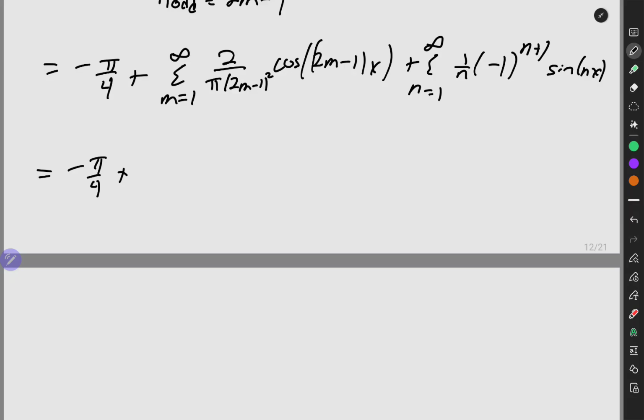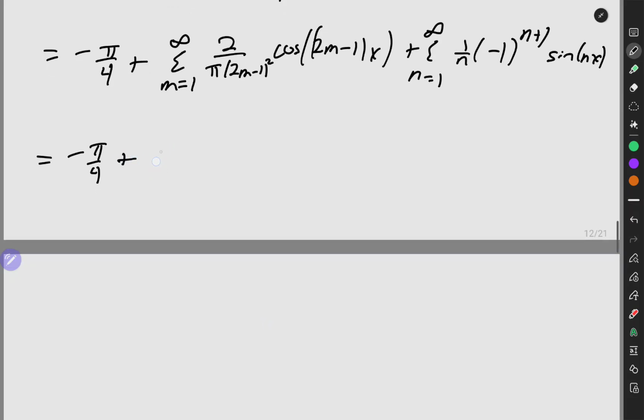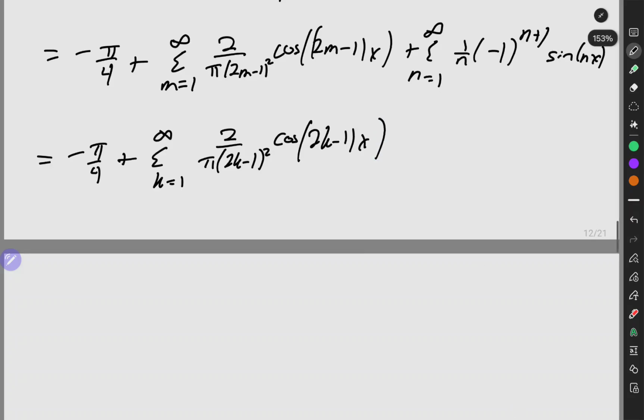You can even call it n again, but just for clarity, we'll call it k. k equals 1 to infinity of 2 over pi times 2k minus 1 squared times cosine of 2k minus 1 times x, plus 1 over k times negative 1 to the k plus 1 times sine of kx.